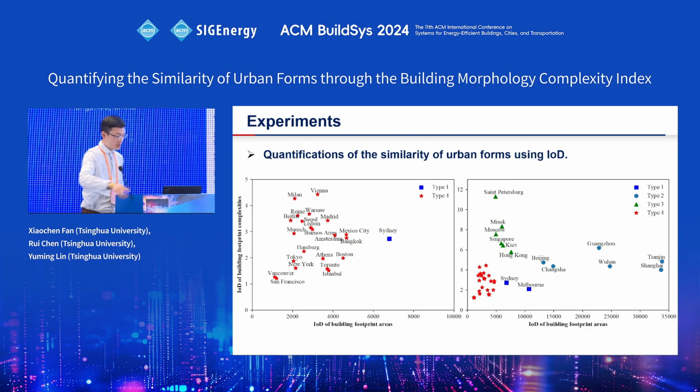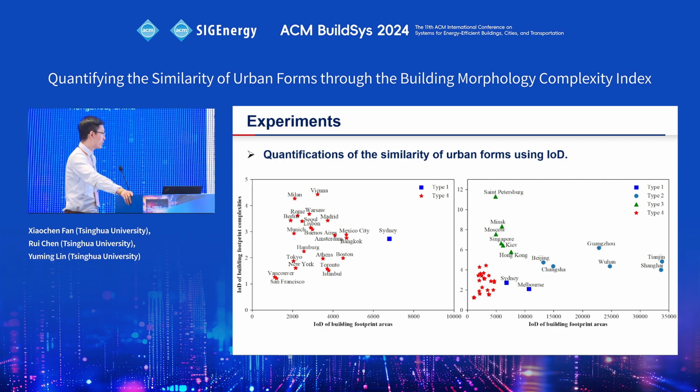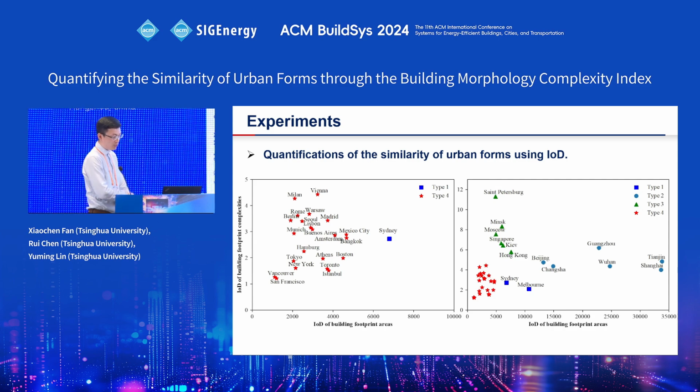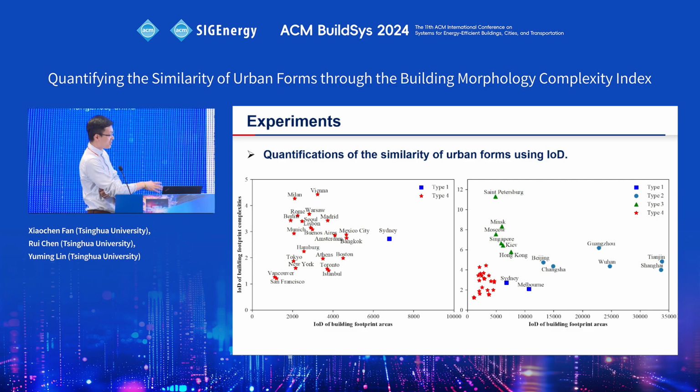And also these two sub-figures show the similarity of urban forms by comparing the building footprint areas and the building footprint complexity values. We can see that there are actually four types of city clusters here. For example, Chinese cities have very large building footprint areas, which means that in each city there may be tens of millions of buildings.